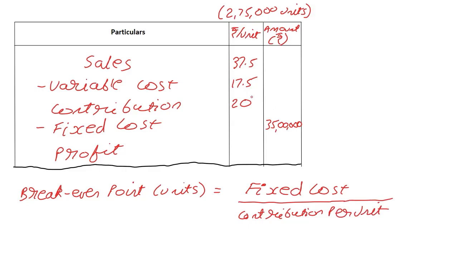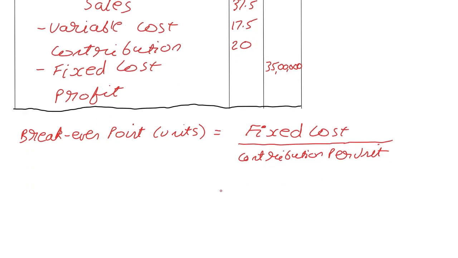Where is this contribution per unit? Here it is. What is our fixed cost? This. Life is easy. Substitute and solve, which is equal to 35 lakhs upon 20. Now, we can use a calculator and get the final answer. Yes, we can do that.